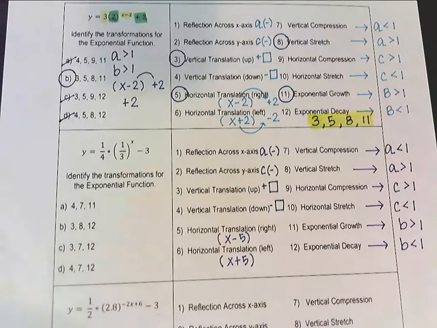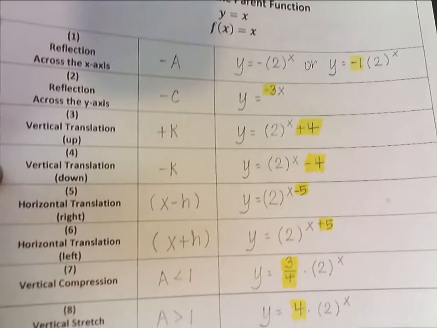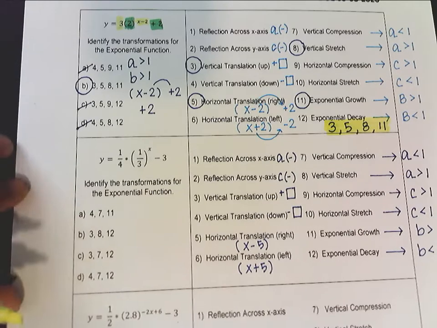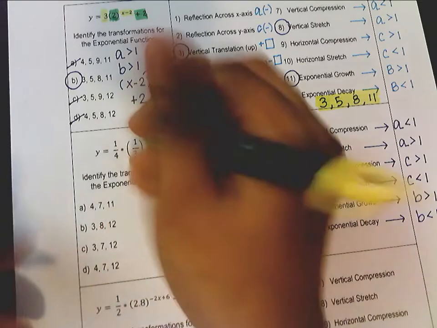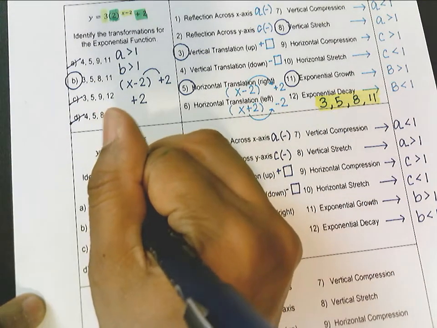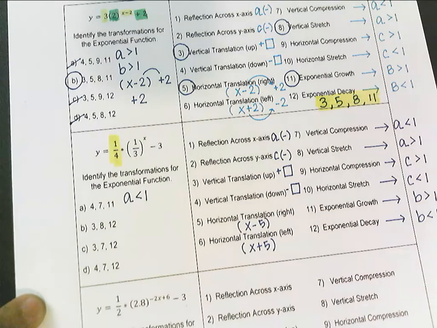Now, if you need some help, you just go back to this little graphic organizer and look at what I did. Okay? So, I look at my example, 1/4. Well, that's my A. And so my A happens to be less than 1.